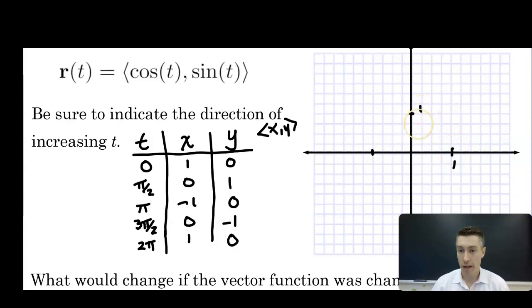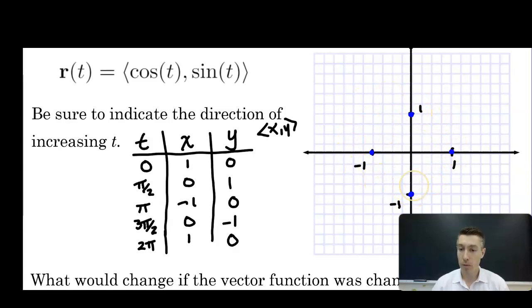So that's 1, negative 1, and negative 1. Right, so we don't need to draw in the full vector every time. We're most concerned with just the terminal point. Right, so t equals 0, you'd have the vector 1, 0, so origin out to 1, 0. So we can just make a point at the terminal point of the vector. And then 0, 1, negative 1, 0, 0, negative 1.